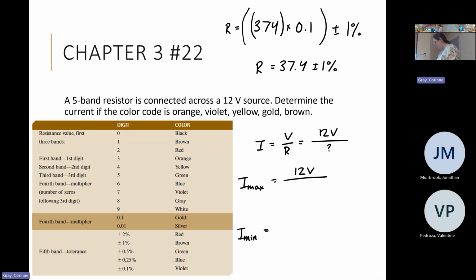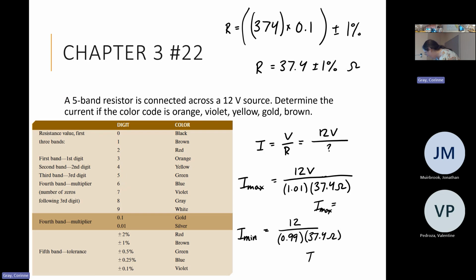I personally, when I'm dealing with a percentage, like to do the 1.01, just use that to multiply by the number. So my 1.01 times 37.4 ohms. This way, I don't have to take the original value, then add 1%, and then go through and do my division. Same thing is true with the minimum. In that case, I'll have 0.99 times my 37.4 ohms.